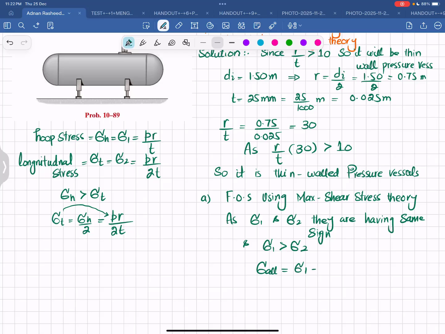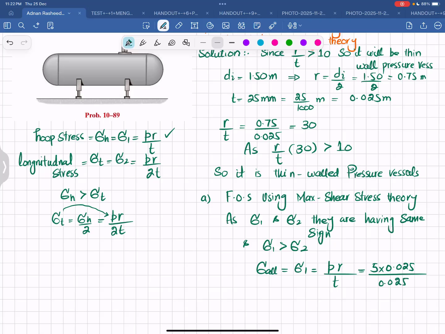How will we find this? We have sigma 1 as this formula, PR divided by t. So put in the values: P is 5 megapascal, R is 0.75, and t is 0.025.